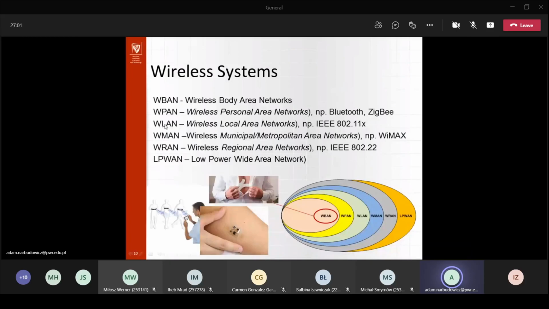So WLAN, wireless local area networks, that's something which is very popular, and all of us, including myself, use that on a daily basis. That's more known as Wi-Fi, right?